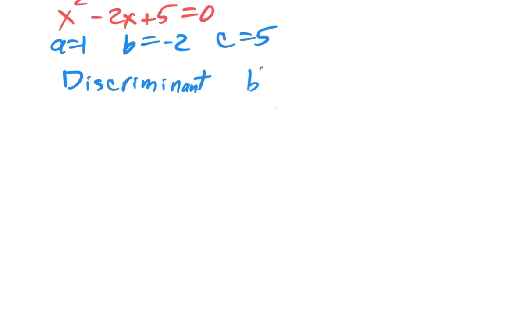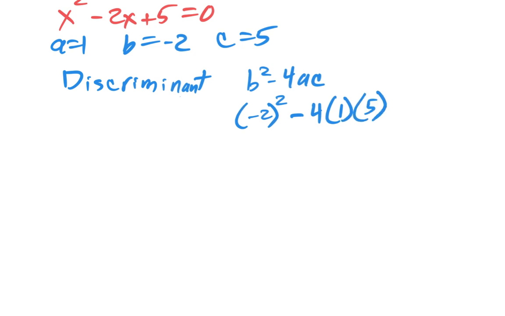So b squared minus 4ac. All right, so we said b is negative 2, negative 2 squared. Now watch when we square that, it is negative 2 times negative 2, minus 4 times a, which is 1, times c, which is 5. So negative 2 squared is a positive 4 minus 20.